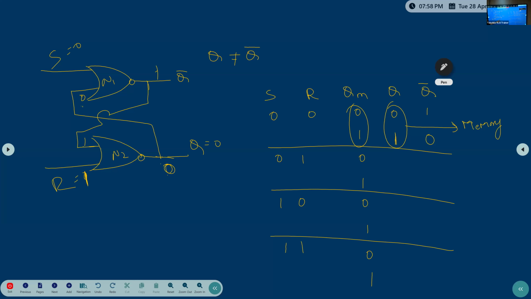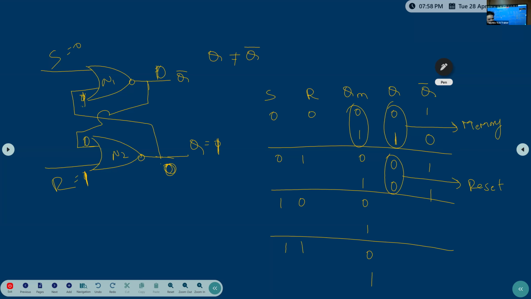If Q is equal to 1, then 0 1, output is 0. Anything you consider, memory 0 or 1, the output is 0. Both cases, this one also 0, this one also 0. Getting?